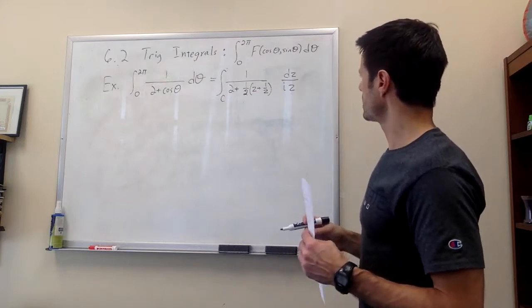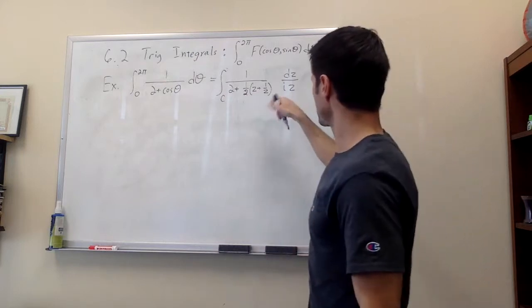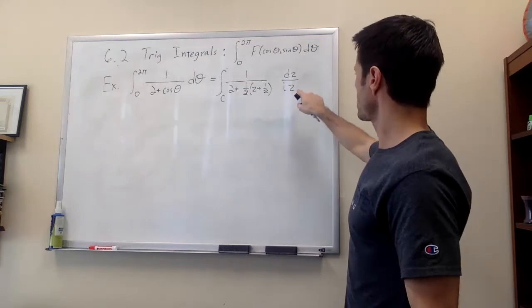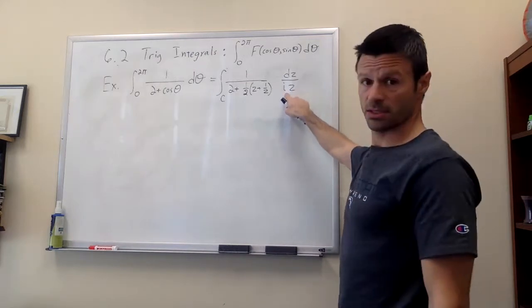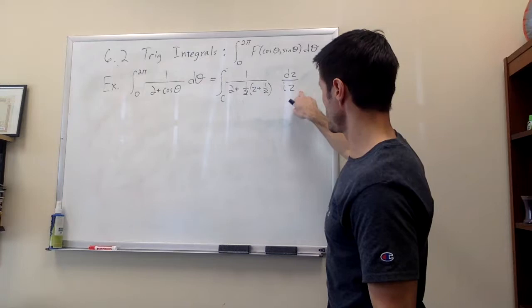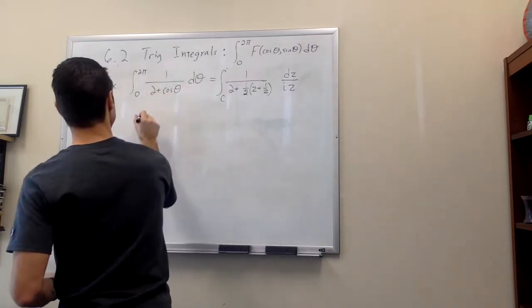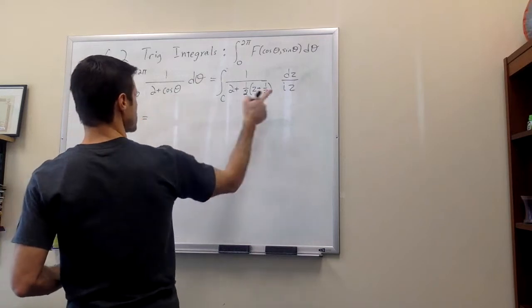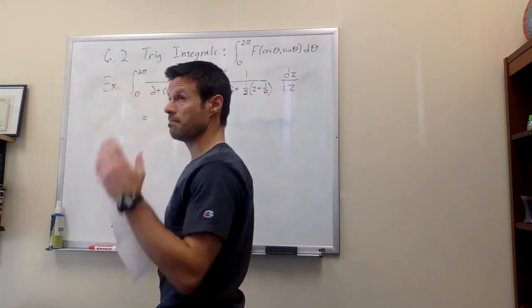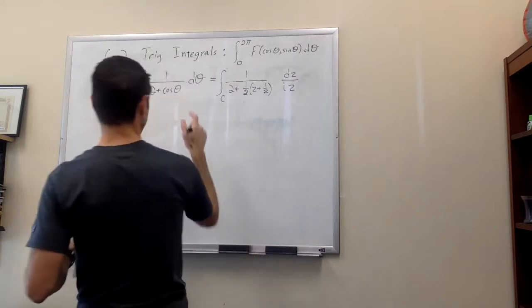I can factor out the i that's in the denominator, and then I can distribute the z as well, and multiply top and bottom by minus i.